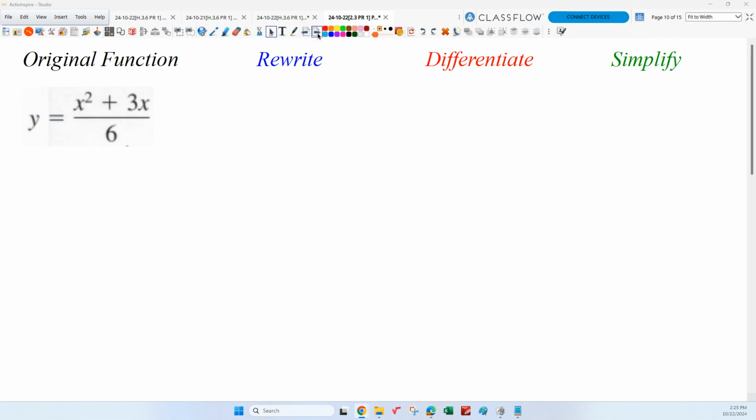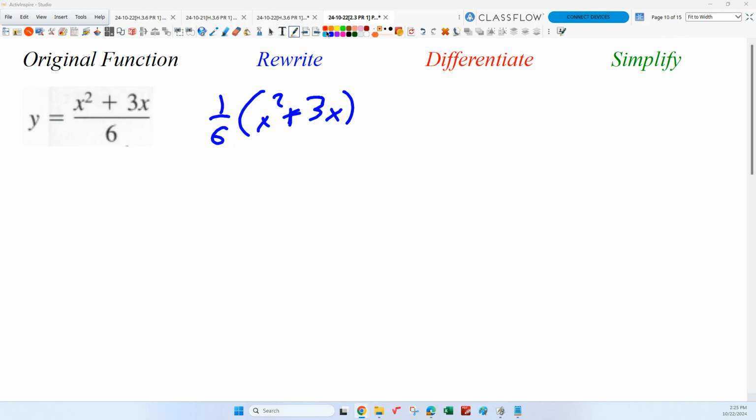Okay, how about that one? Quotient rule, thumbs up or down? Yeah, no need, right? No need. If I rewrite this, what do I do to make this really simple? Yeah, just pull the 1/6 out front times x squared plus 3x. That's easy to differentiate.